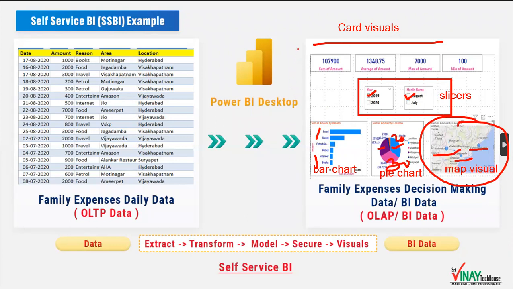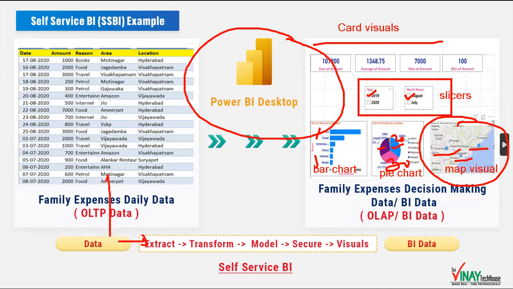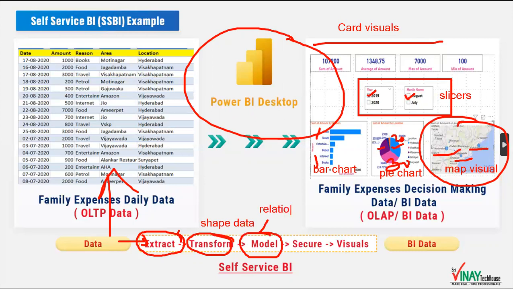Easily you can do this using Power BI Desktop. It will take the data, whatever data you are passing, and then extract it. If the data is not in proper shape, it will shape it. That is called transform, shape data. In case multiple tables are available, relationships are established. Modeling means relationships.